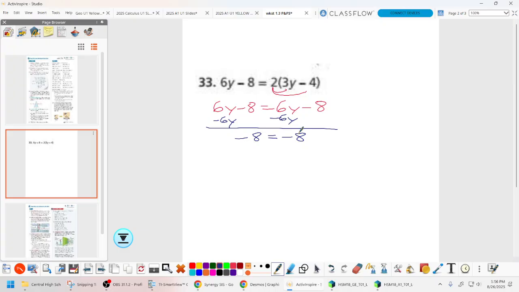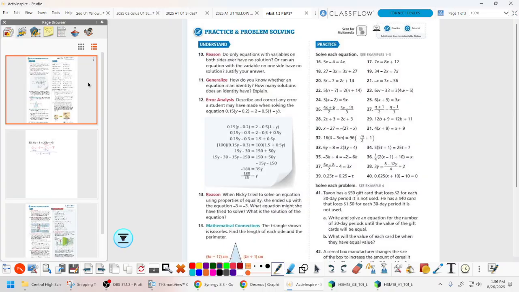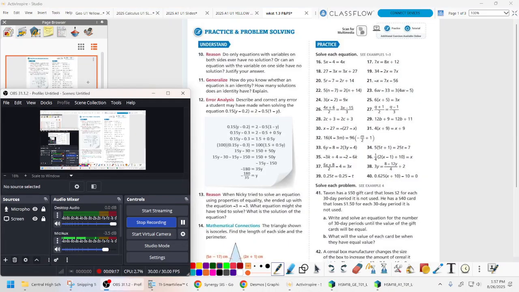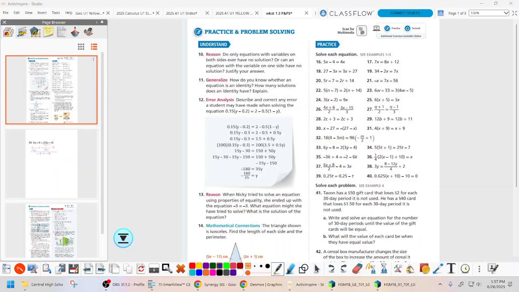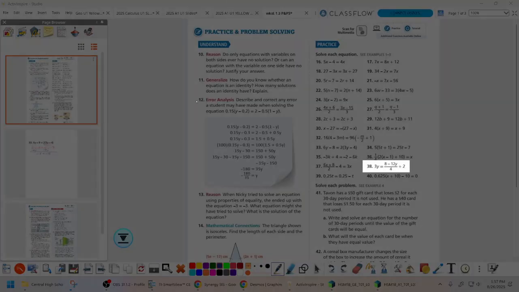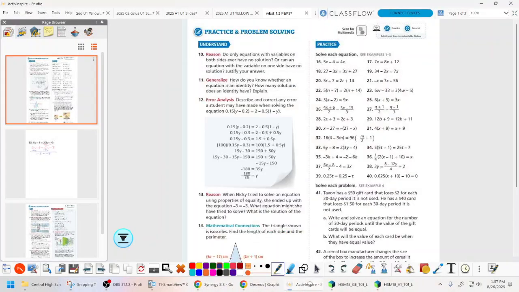So that's what we call identity. It just says a true statement all the time. Or infinite solutions, like doesn't matter what you plug in for y. Okay? Yeah, you guys should pay attention on this one.